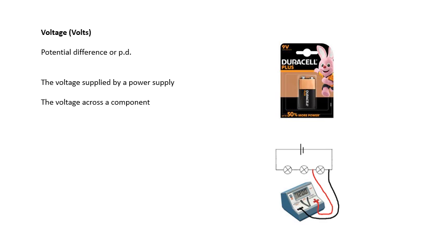For example, this bulb has 12 volts across it. Across, voltage across, not voltage through, okay? Current goes through things, voltage is across things. If you put a voltage across something, then a current will flow through it. If anybody says the voltage through something, then they don't understand physics very well.